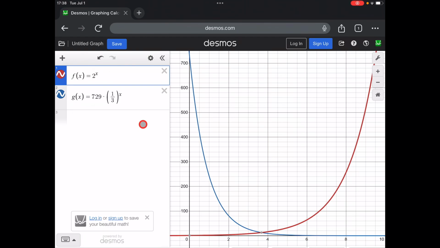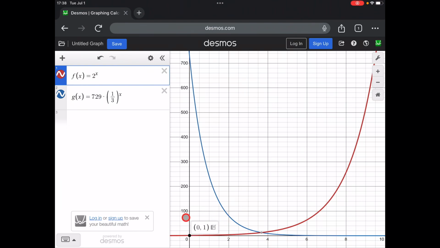Let's start with the initial value. Last video, I said that the initial value is pretty much the same as the y-intercept. Similar to the y-intercept, the initial value will be found on the y-axis. For our first function, f of x is equal to 2 to the x, we can see that our initial value is 1, because that is where it crosses the y-axis, as you can see right here.